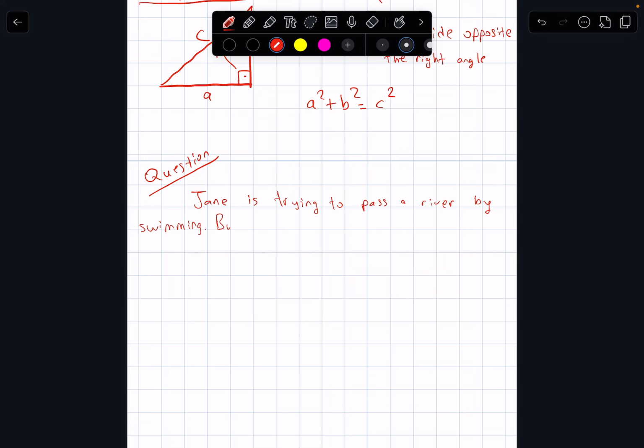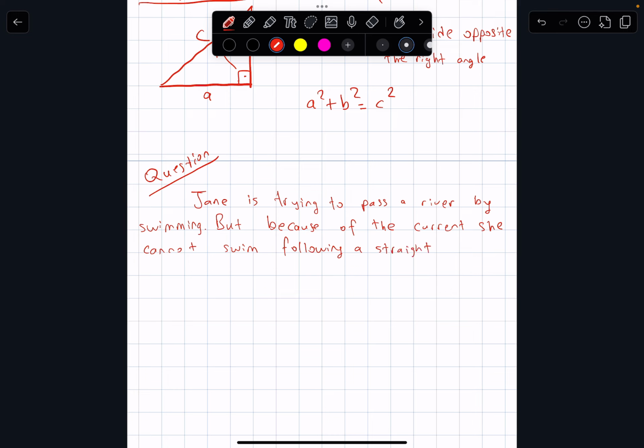But because of the current, she cannot swim directly following a straight line.